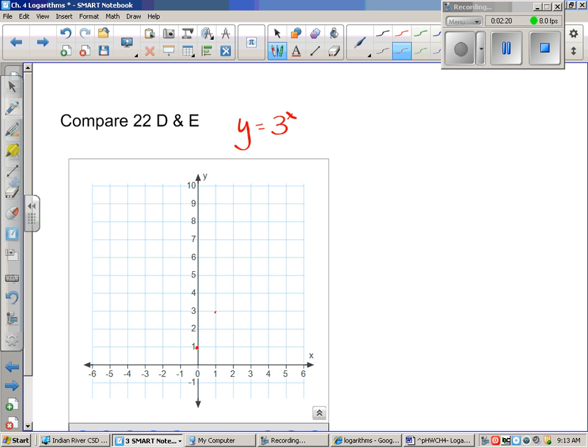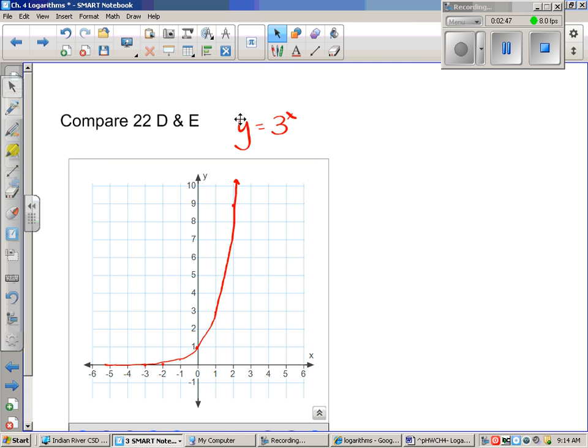And at x is 2, it would be 3 squared, or 9. Going in the negative direction, negative 1 would mean 1/3, negative 2 would mean 1/9, and negative 3, and sorry, that kind of moved down there. But basically what you're getting is you won't ever actually get to 0, even though this line appears to be hitting 0. You are getting infinitely close, but you will never actually reach it. And that is the graph of y equals 3 to the x.